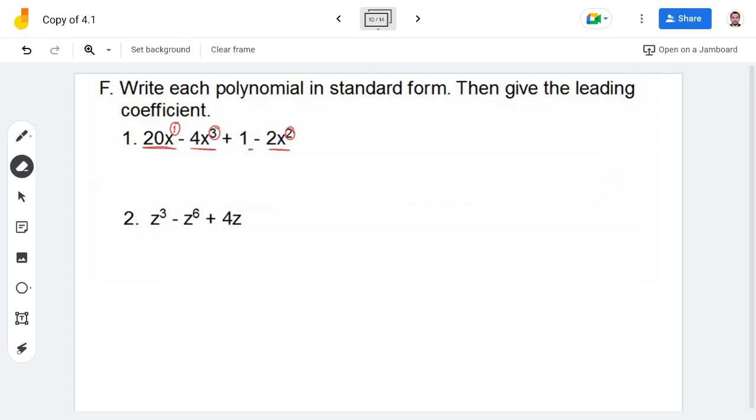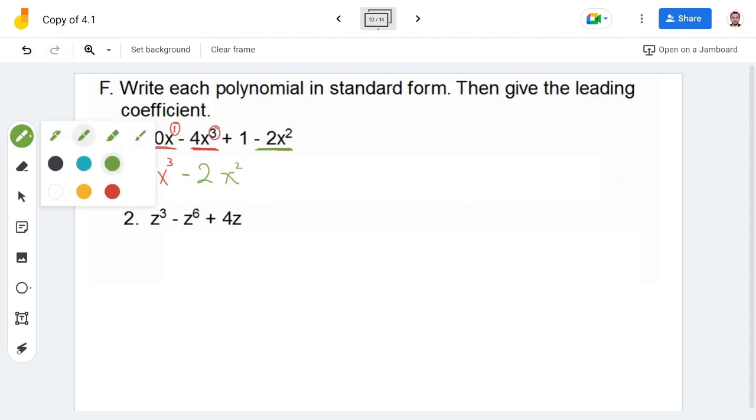Let me erase this because it's just a number. So let's reorder them. To reorder them, we start with this part as the first one: 4x to the power of 3, because this is the highest degree. Then we have this one here, 2x to the power of 2, so minus 2x to the power of 2.